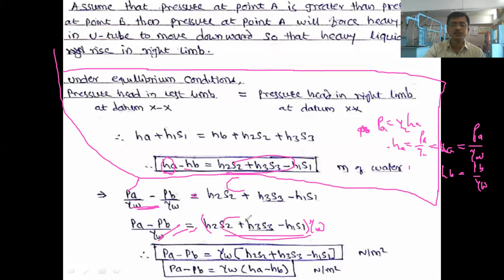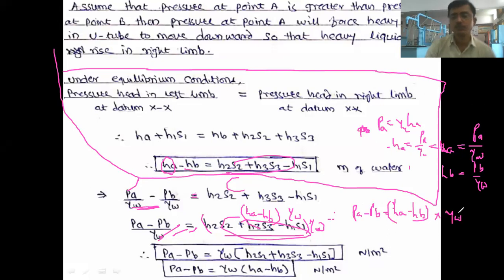So instead of writing this, you can write HA minus HB into gamma W. Therefore PA minus PB is equal to (HA minus HB) into gamma W. So this is the equation for this.